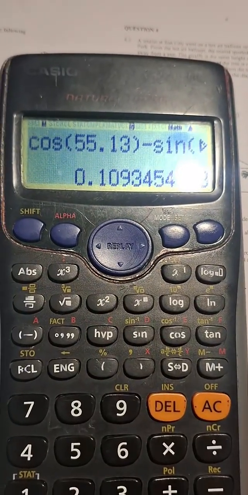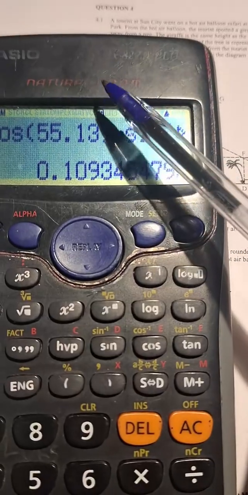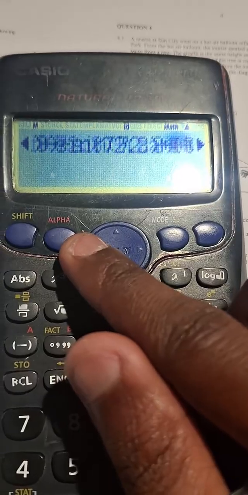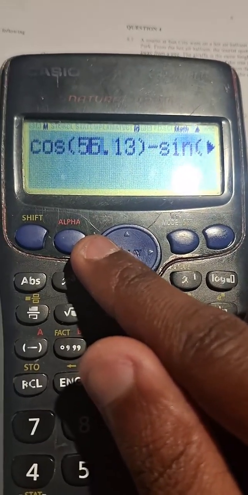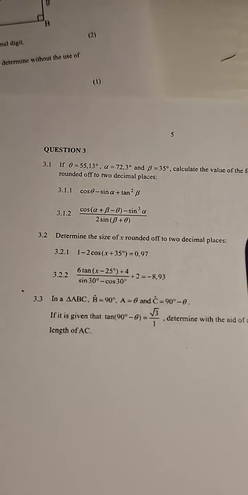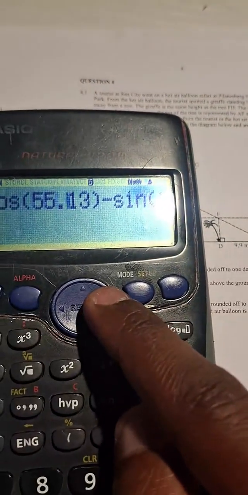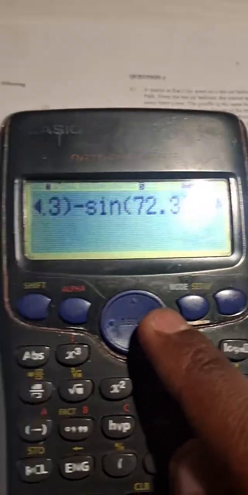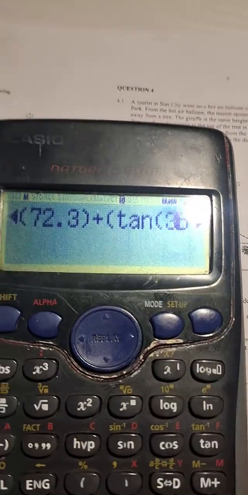So then my answer that I get is this one. Okay, I just want to show you here. First it was cos theta, which is 55,13. So I substituted 55,13 in the place of theta. Minus sine alpha, sine alpha is 72,3, minus sine in brackets 72,3, plus tan.